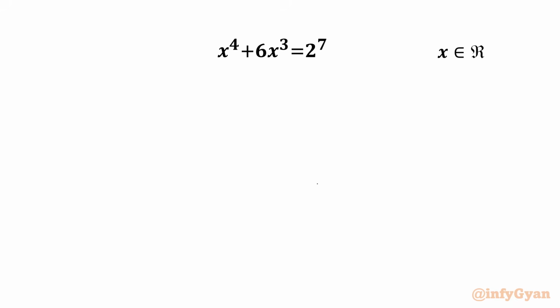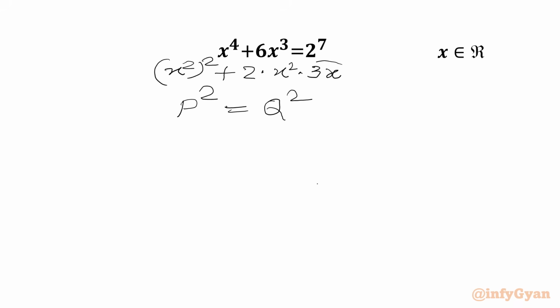So let's get started. My target is to maintain LHS P square, RHS Q square. Squaring of an expression in LHS is squaring of an expression in RHS. Keeping this thing in mind, I can rewrite x power 4 as x square whole square plus 6x cube can be written as 2 times x square times 3x.